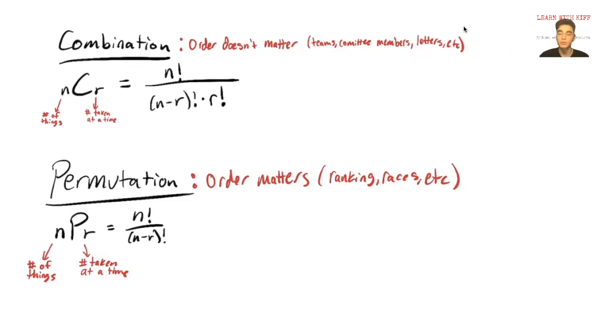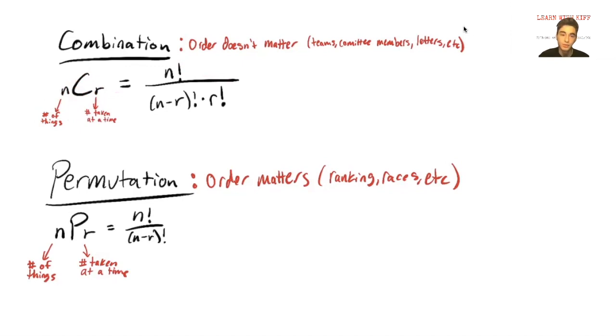So for example, if you have letters A, B, C, and D, and you want to see how many times you could arrange them, AB and BA are the same thing because order doesn't matter. All right. So you can write a combination as nCr, and you can honestly just plug this right into your calculator.